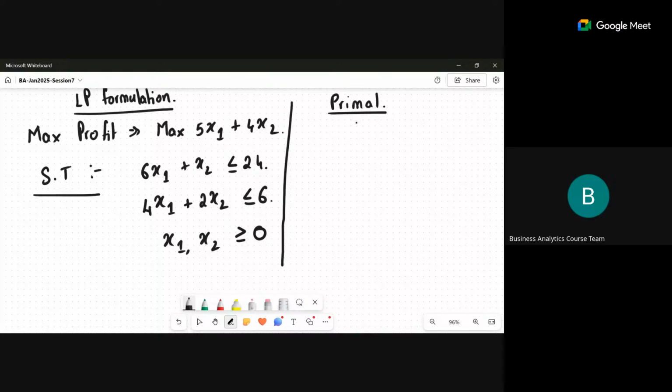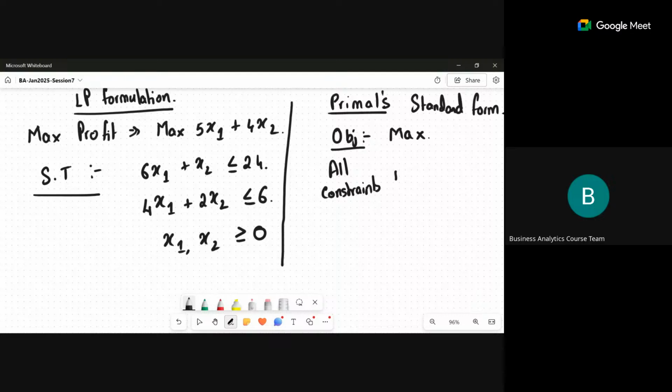In general, this is a standard form of a primal, and the primal standard form is of the type where the objective function must be a maximization and all constraints must be of less than or equal to type.